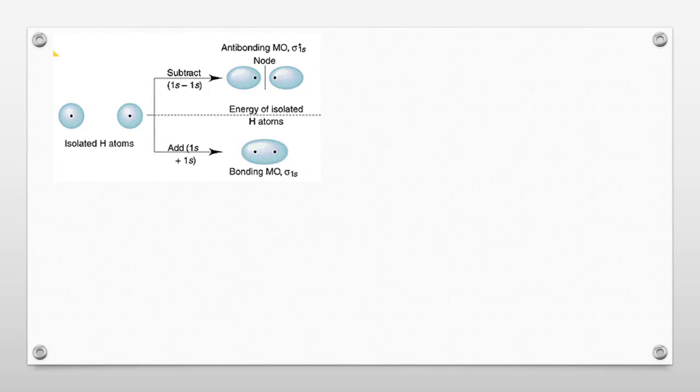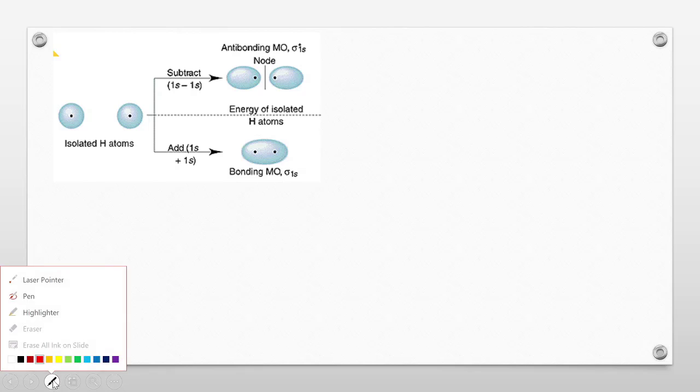For that, we will recollect how a molecule is formed by combination of two atoms. Recollect the formation of the hydrogen molecule, which is formed by combination of two hydrogen atoms.